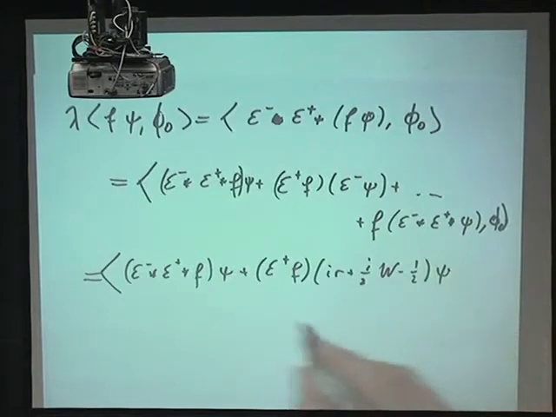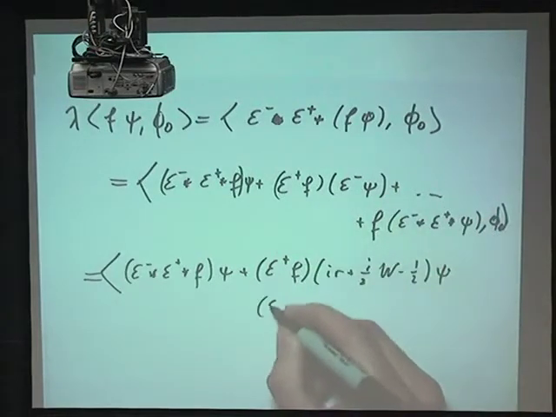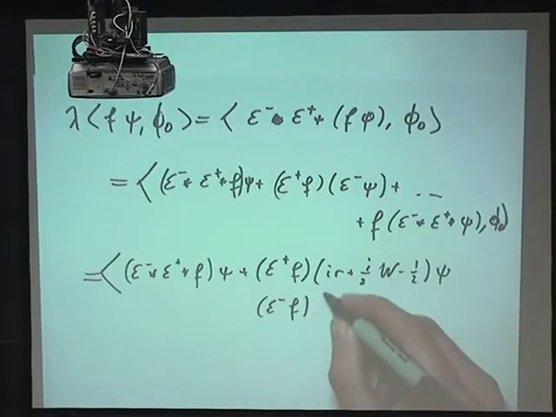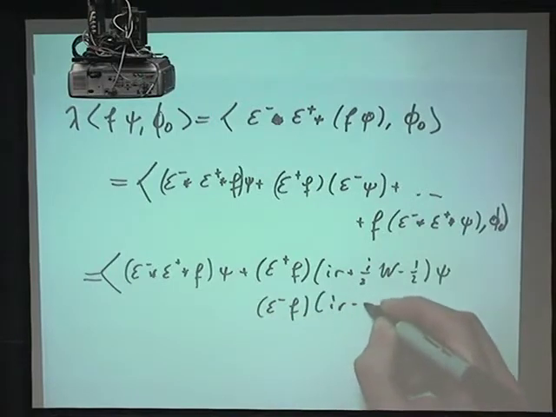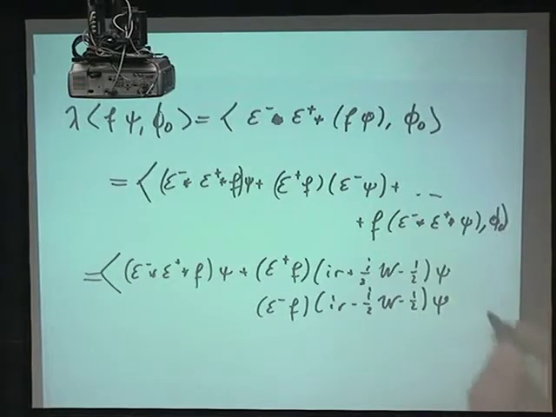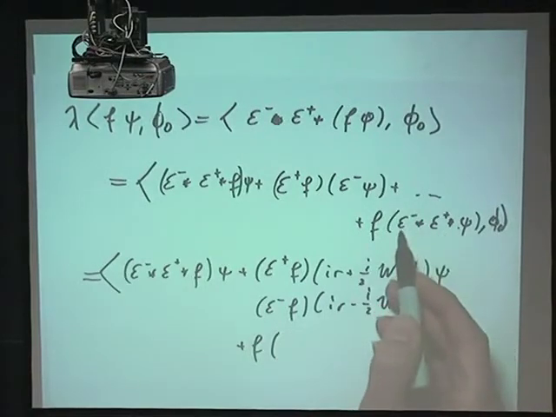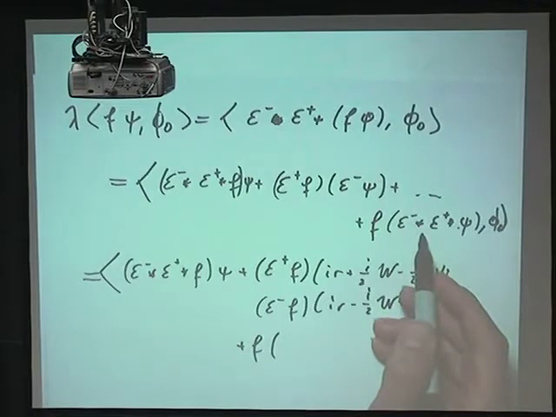And then there's the symmetric term that I didn't write here, which is E minus F, I R minus I over 2W minus 1/2 psi. And then there's this term, which I also want to write differently, plus F times, because I know E minus E plus is strongly related to the Casimir.